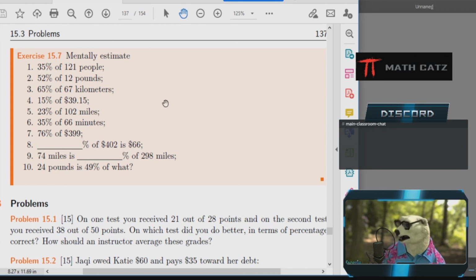When I just want to get a sense for what the answer is, it doesn't have to be perfect. So when I have to calculate or estimate 35% of a number of people, 52% of a certain amount, 65%, 15%, 23%. I mean, these percentages are all over the place if you just start looking for them.